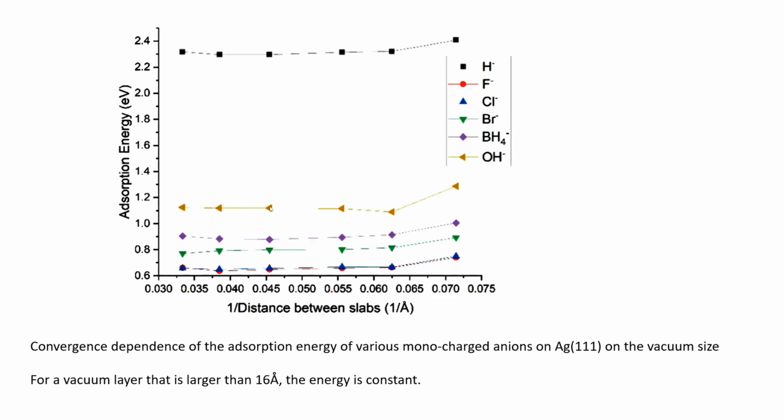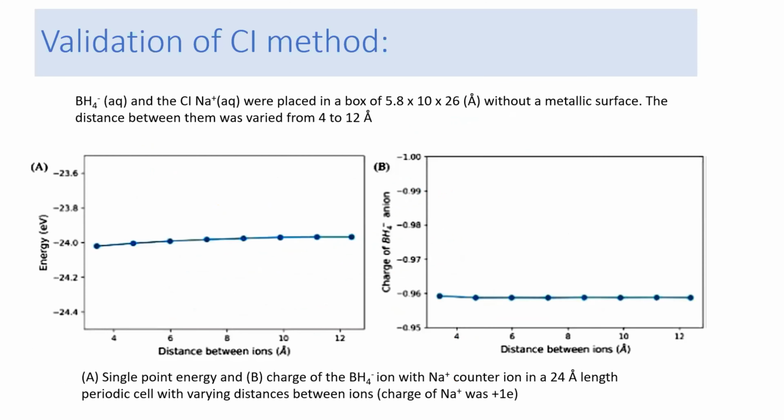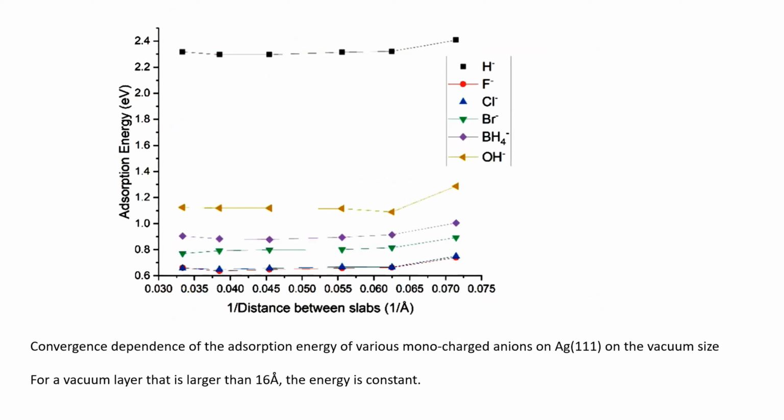We used our method to calculate the adsorption energy of several ions on a silver surface. And if the vacuum distance is larger than 16 angstrom, that is a normal vacuum distance, we get straight lines, as you see.